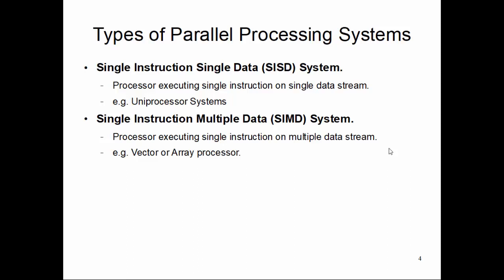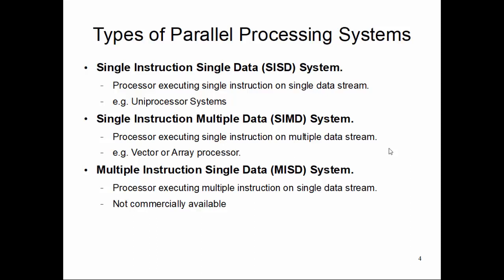You can add matrices, multiply matrices, and so on. So one instruction, multiply these two matrices or add these two matrices, becomes one single operation but applied in parallel to multiple data streams, like different rows and different columns of the matrix. So they are single instruction multiple data systems.